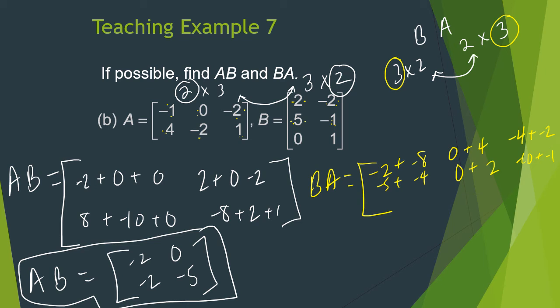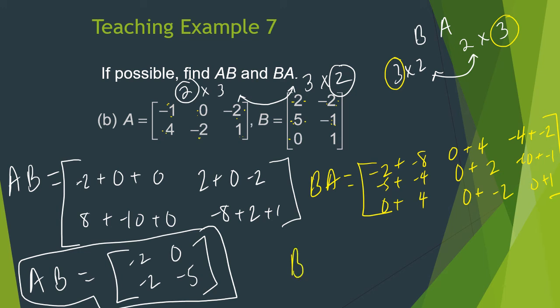Last row, 0 times -1 is 0, plus 1 times 4 is 4. 0 times 0 is 0, plus 1 times -2 is -2. 0 times -2 is 0, plus 1 times 1 is 1.